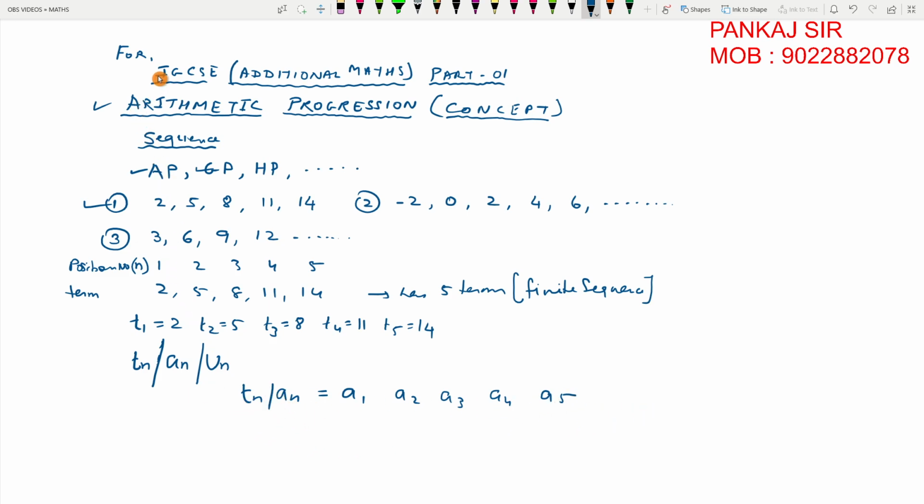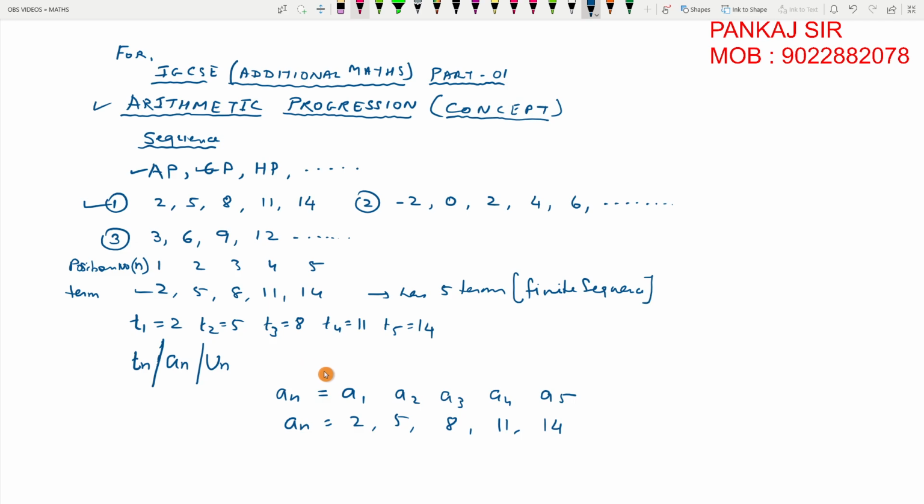Let us choose A1. So this is a sequence, in general. In particular, this An, if we choose this to be the sequence, is 2, 5, 8, 11, and 14. Okay. So A1 is the first term, A2 is the second term, A5 is the fifth term of this particular sequence.